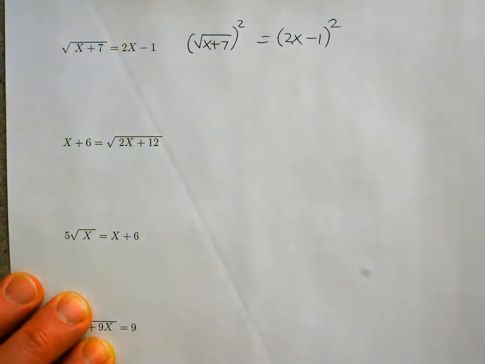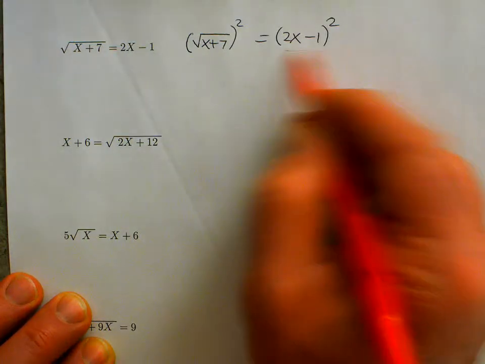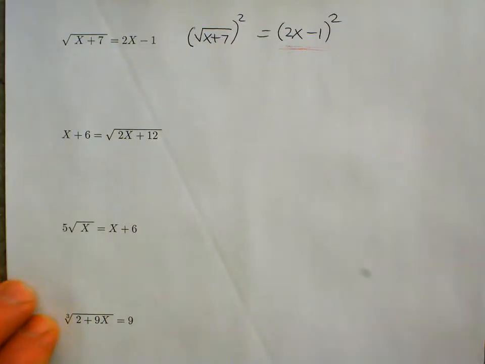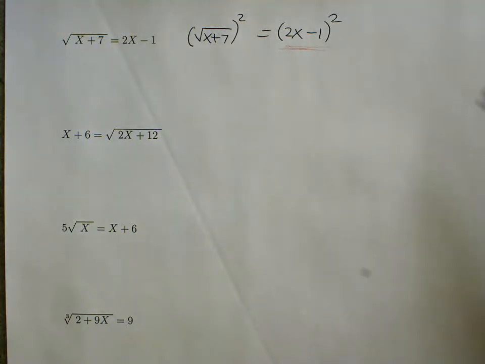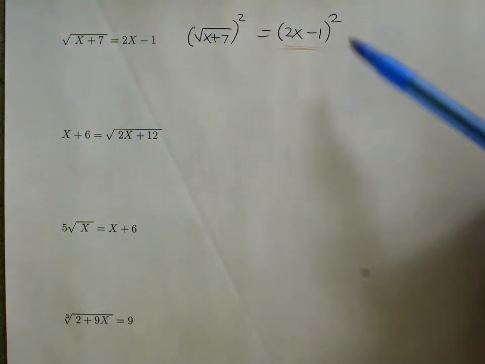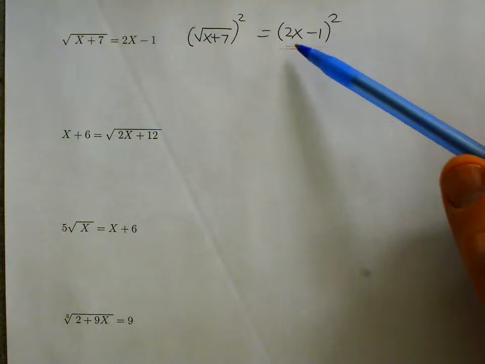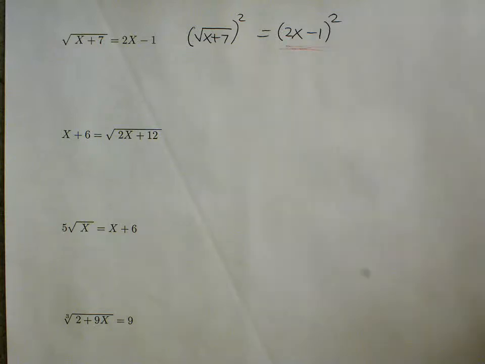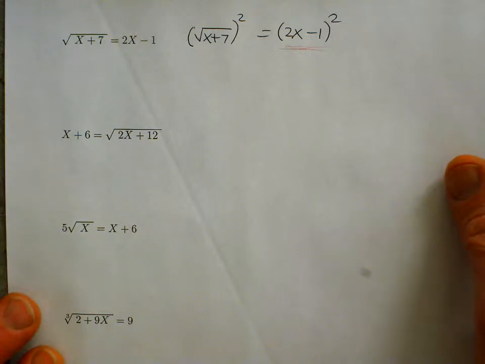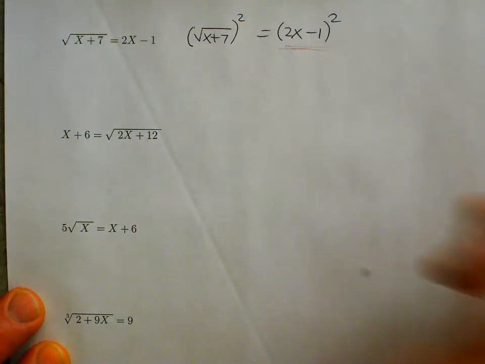So remember what it means to square something. So I'm going to remind you of what to do when you square the binomial 2x minus 1. Sometimes students forget how to square a binomial.